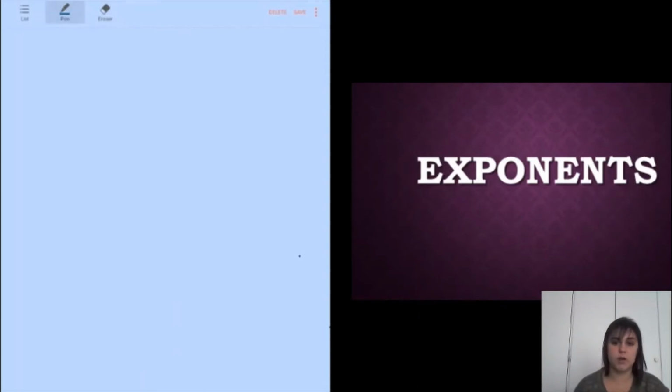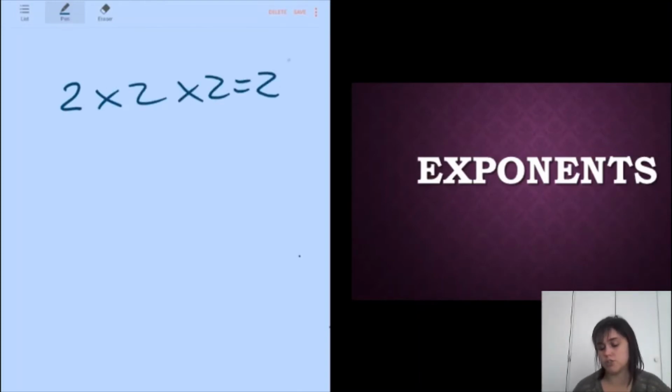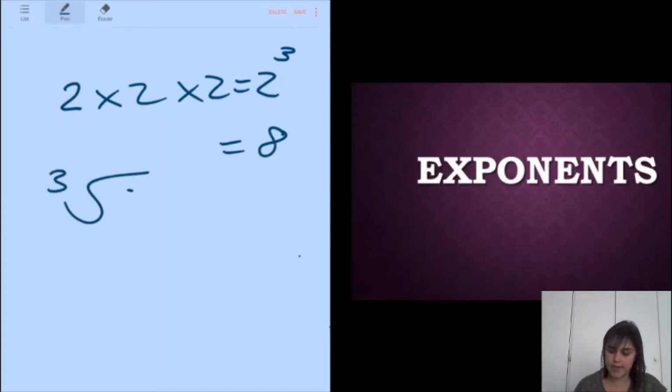Let's go see one that's a bit easier. 2 times 2 times 2 can be written as 2 cubed. 2 times 2 times 2 is also equal to 8. So the cube root of 8 is 2, because they are inverse operations.